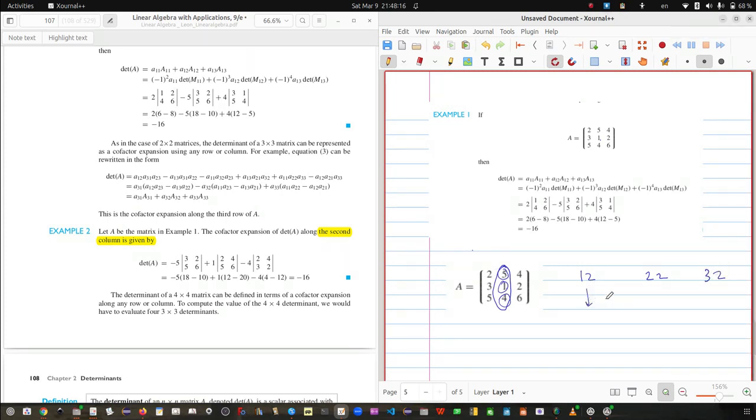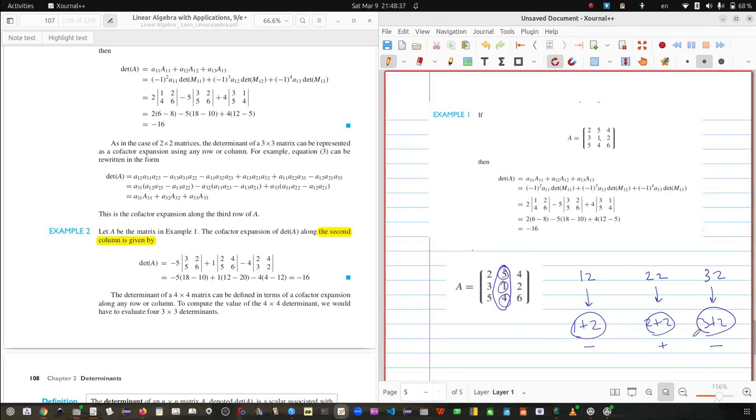It means our signs will depend on this subscript, which means 1 plus 2, 2 plus 2, and 3 plus 2. So this is an odd number, minus; this is an even number, plus; this is an odd number, minus.